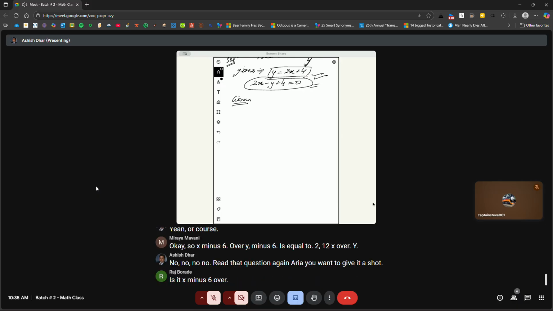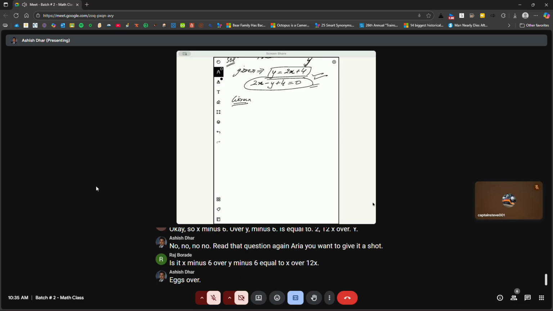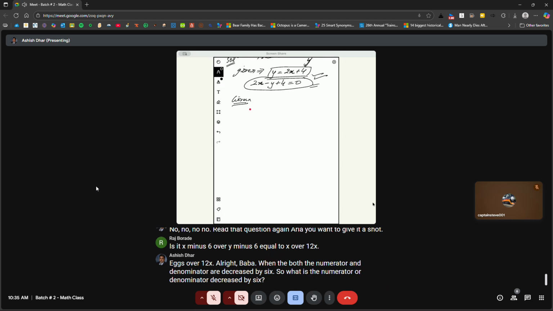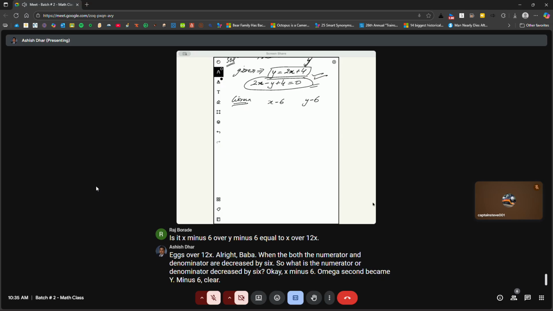Is it x minus 6 over y minus 6 equal to x over 12x? What is x over 12x? When both the numerator and denominator are decreased by 6, the numerator becomes x minus 6 and the denominator becomes y minus 6. Clear? This is what you guys are interpreting.